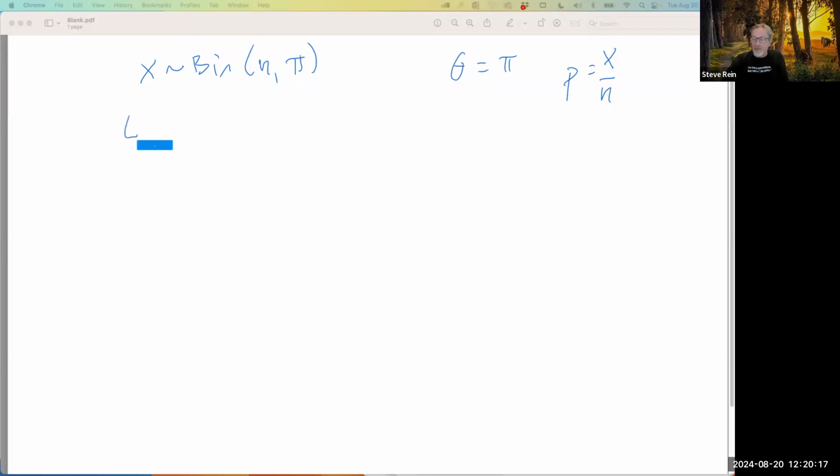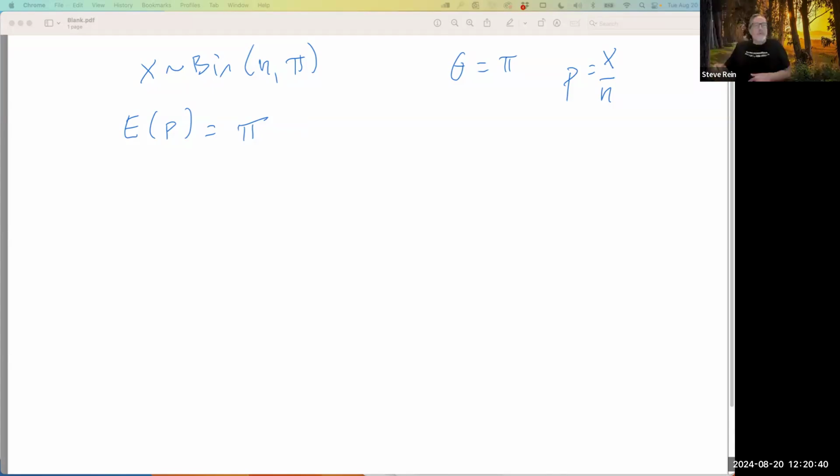The expected value of your sample proportion, we could do the work from that chapter earlier, and find that that's actually equal to pi. So maybe I'd want to use my sample proportion to estimate pi. We can also, though, use the normal approximation to the binomial.